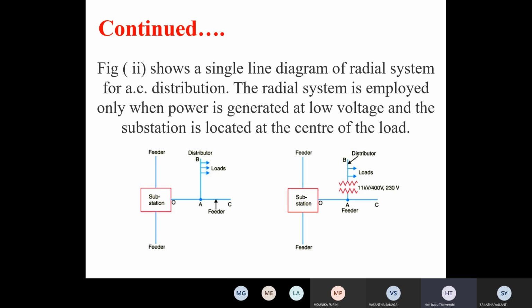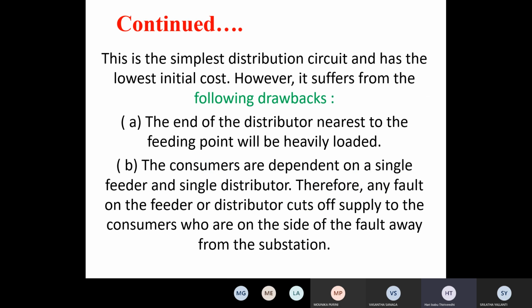So here, in the radial feeder, the advantage is that it is simple and has low initial cost. The disadvantage is that at the far end, or the load end, the distributor may be heavily loaded, right? Second, consumers depend on a single distributor, right? Consumers depend on a single feeder and single distributor.